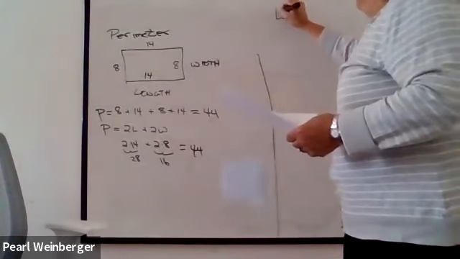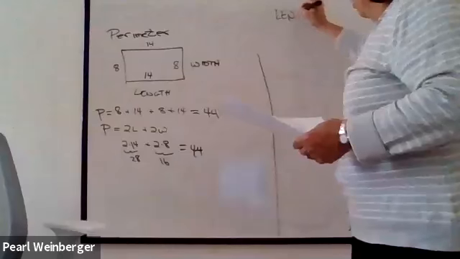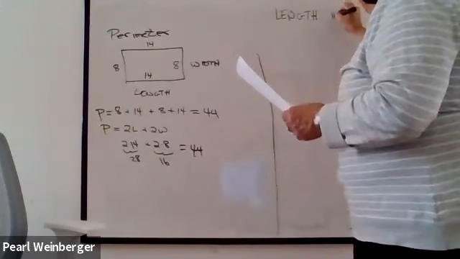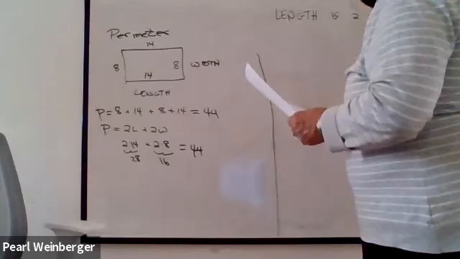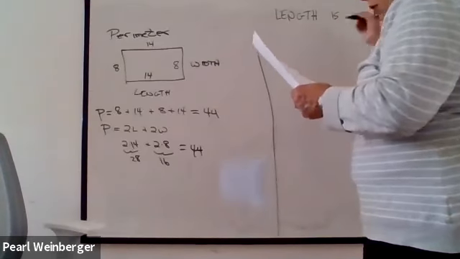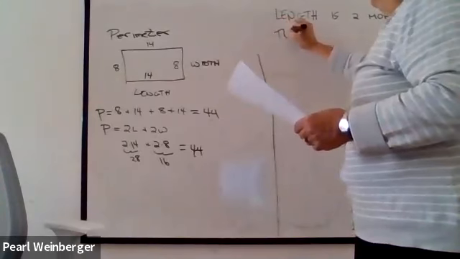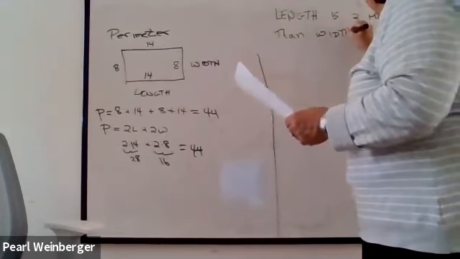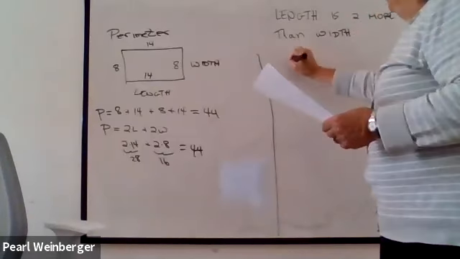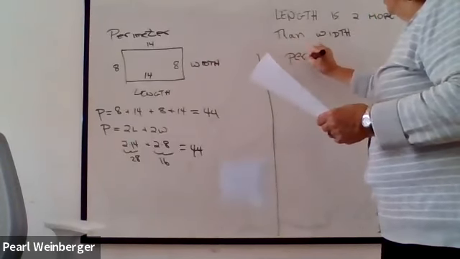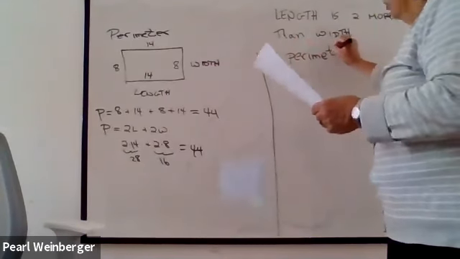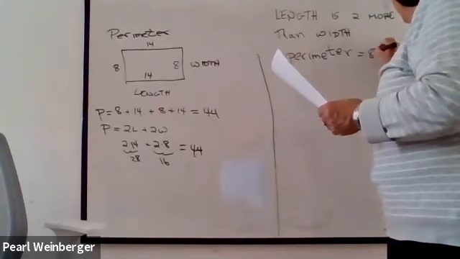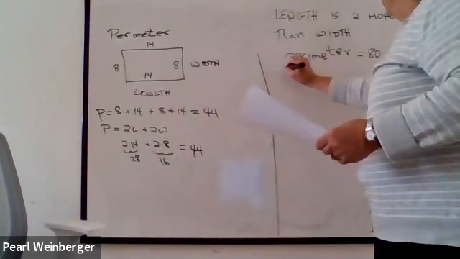The length of a rectangle is 2 more than the width. The perimeter is 80. What are the dimensions?